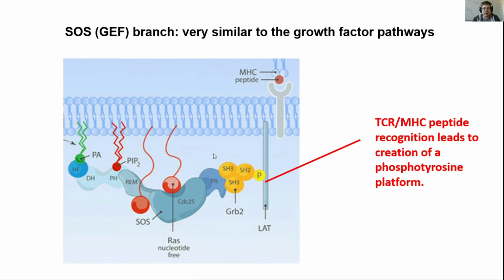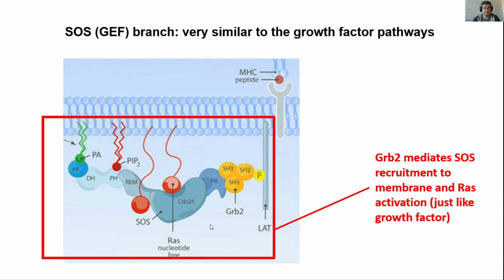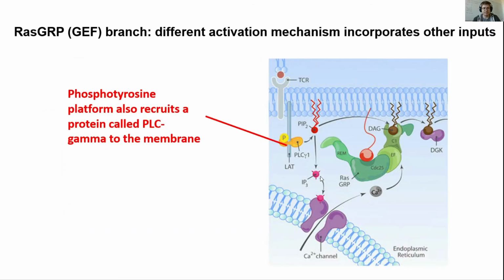And exactly as before, the GRB2 protein is going to interact with that phosphotyrosine platform, and it's going to recruit the SOS GEF to the plasma membrane, where it can activate RAS and be regulated in all those different ways, like we talked about before, like PIP2, feedback, and so on and so forth. As I said, this is almost identical to what we saw with growth factor. It's just that instead of a receptor tyrosine kinase, it is a T cell receptor that's driving this assembly.